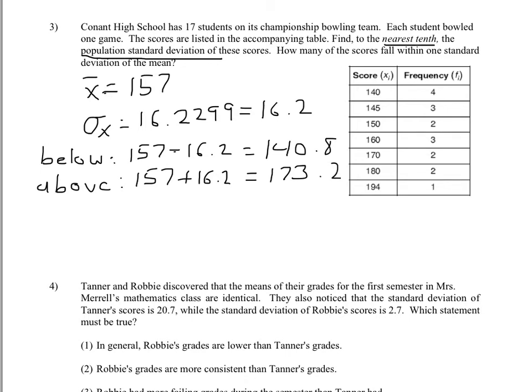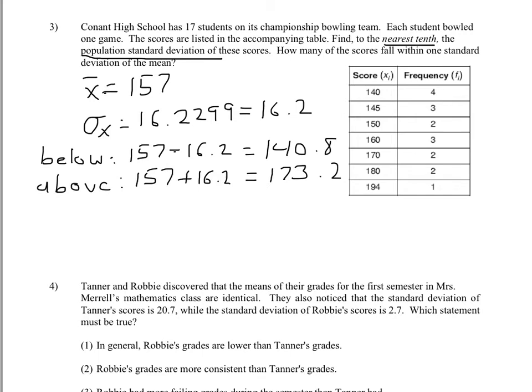So I'm not done yet though. It asked me how many scores fall within one standard deviation. So I'm going to be looking at the number of scores that fall between 140.8 and 173.2. So let's look at our frequency table. Would 140 fall in that range? No, it's just short.